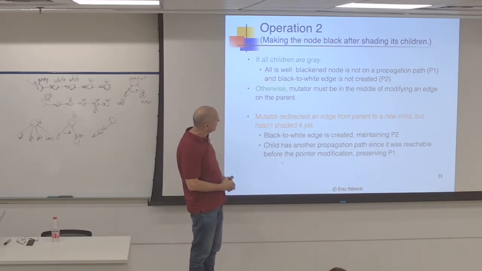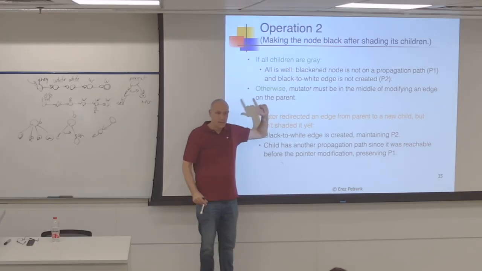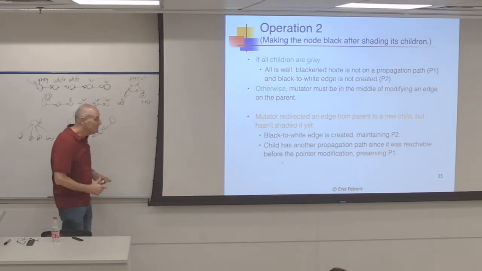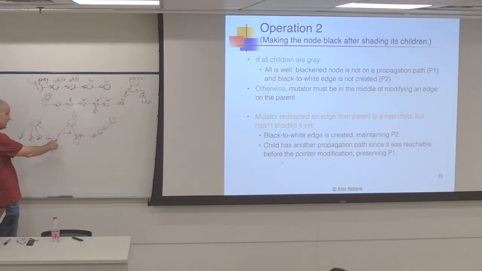So how can anything be not gray? I've made all my children gray, and if no one did anything, then it's fine. So how can it not be gray? Maybe someone changed an edge here, and maybe this is white, right? But if the mutator did this and then went on and shaded this, then this would be gray, and I'm fine.